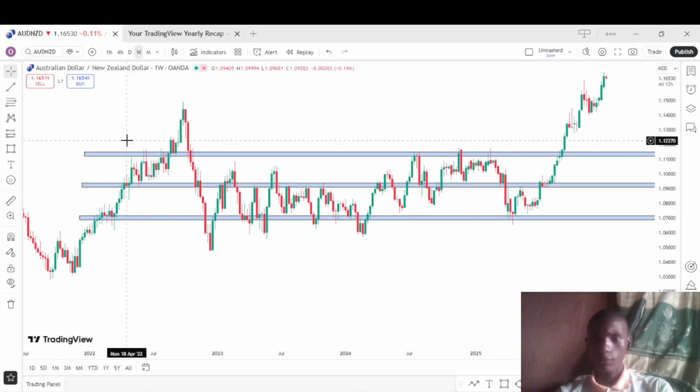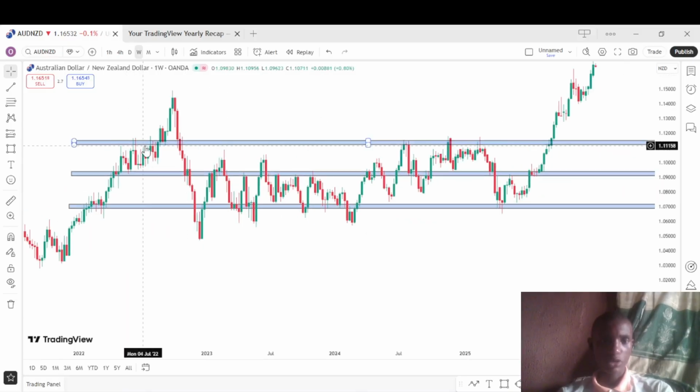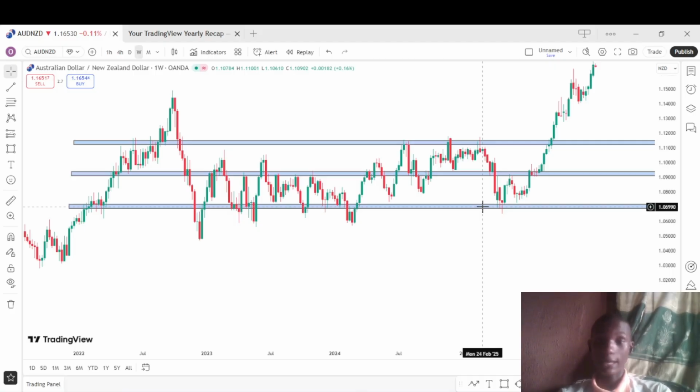Even if we go back in time, we'll still see that the market respected that level. It means there was more like a liquidation around that level, and whenever the market reaches there, because of the past liquidation, it tends to get stopped or weakened at that level. So we have to plot it there.